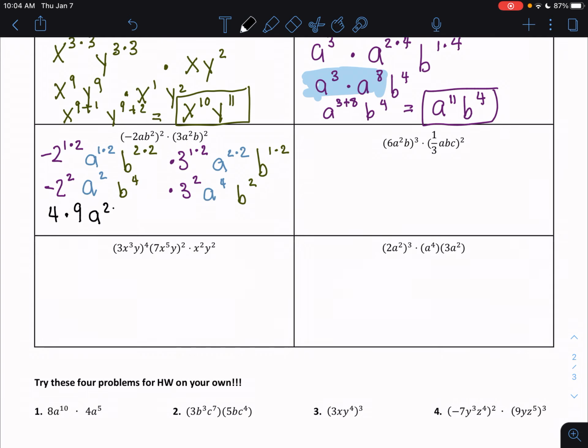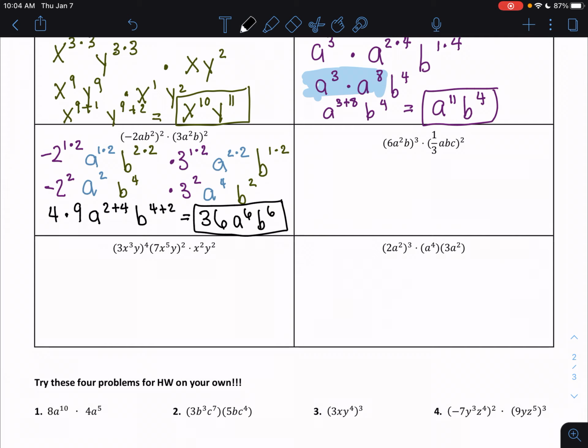A to the 2 plus 4 times b to the 4 plus 2. And 4 times 9, which is 36. A to the 6th and b to the 6th. If you have different colored pens, that can really be helpful, or highlighters to help you differentiate those letters.